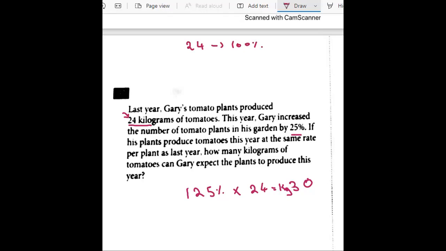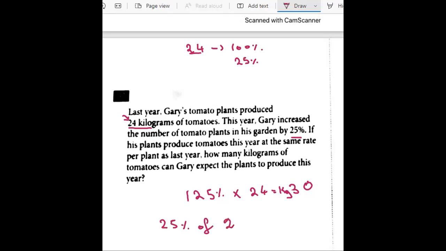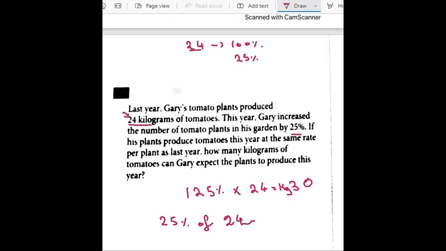So this means that this year he would have these 24 plus 25% more. So you can just find 25% of 24 as well, right? And if you find 25% of 24, your answer would be 6.